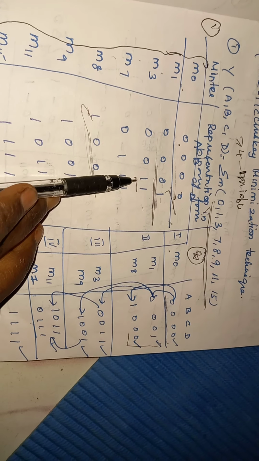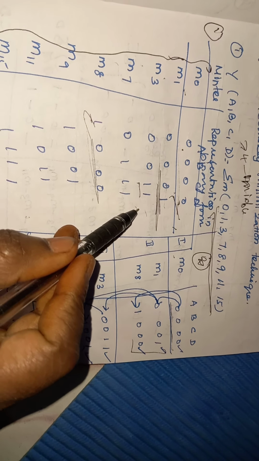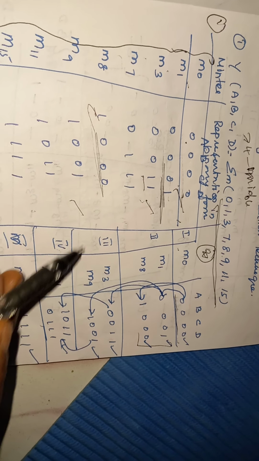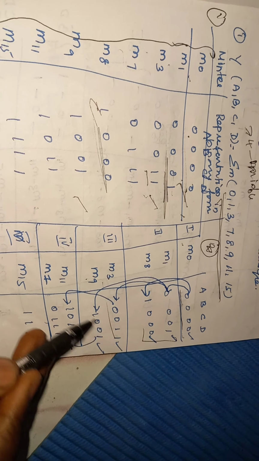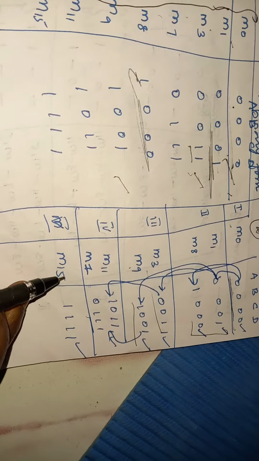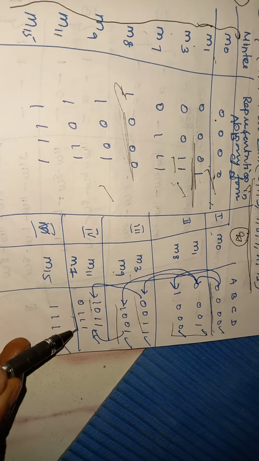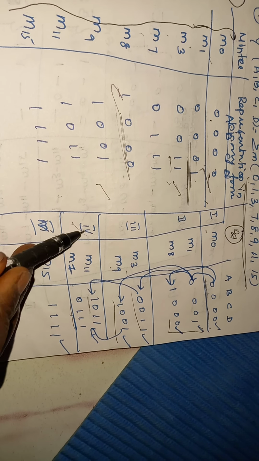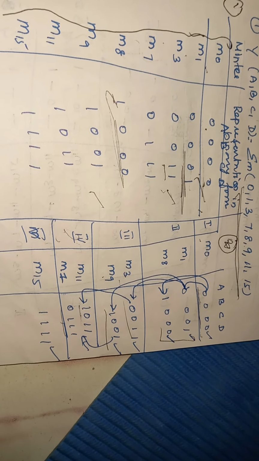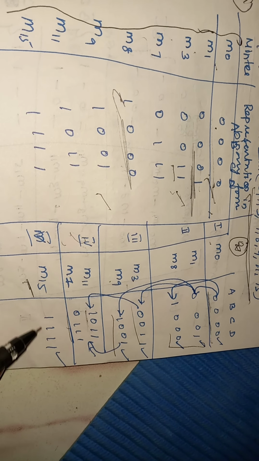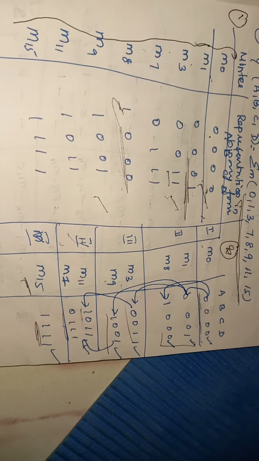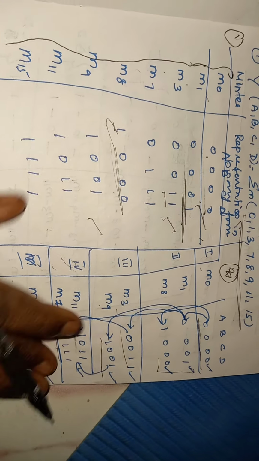Then consider the 2-bit cases: m3 and m9 have two 1s. In the same way, arrange the three 1s, which come under the fourth group: m11, m7. Then you arrange m15, which comes under 4 bits. This is your second step.